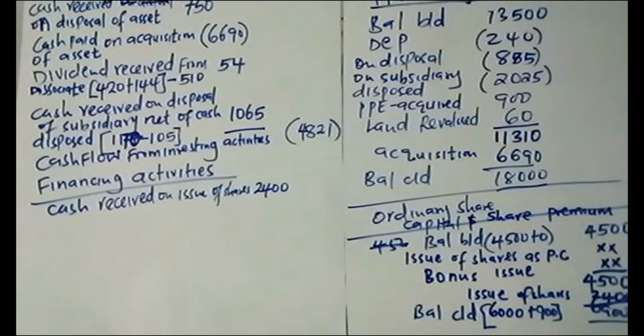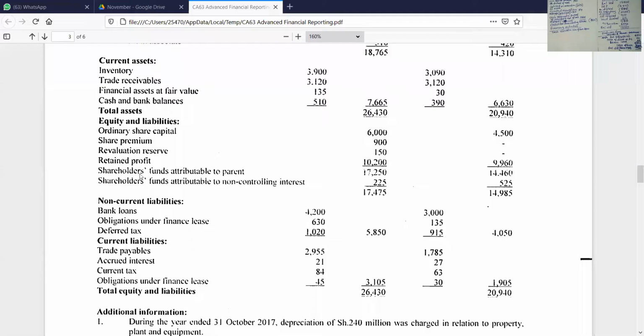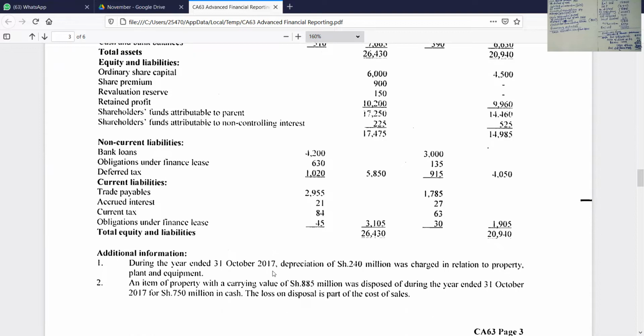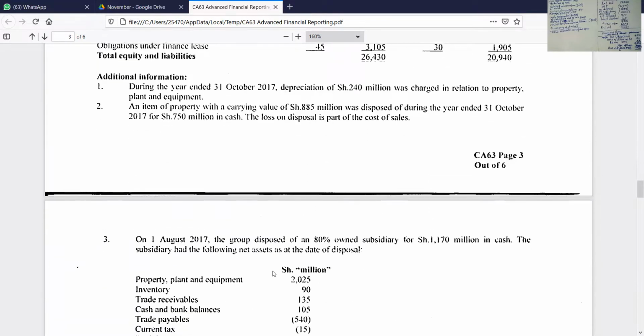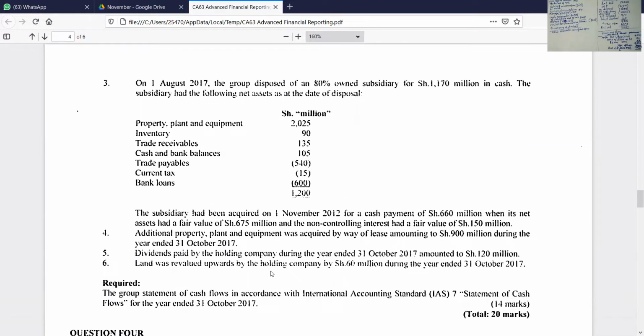After ordinary share capital and share premium, there is this revaluation reserve. That one we don't have to deal with. Then there is retained profit. We could have used it to determine dividends paid by the parent, but for the better, the examiner provided that. Note 5 says dividends paid by the holding company, which is like the parent company, during the year ended 31st October amounted to 120.